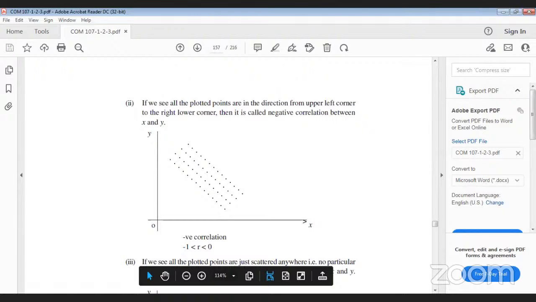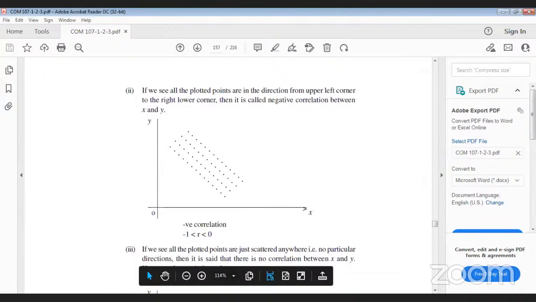There is a figure given in your book on the x-axis and y-axis, where the points go from the upper left corner to the lower right corner. That is negative correlation.